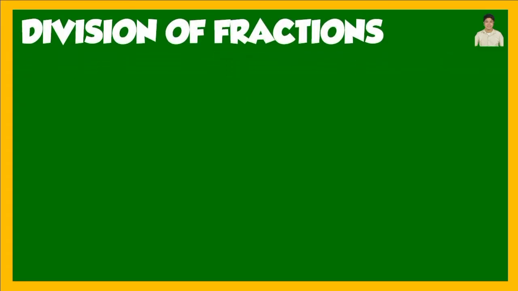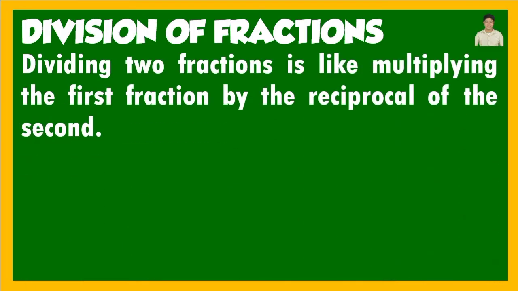So let's have division of fractions. Dividing two fractions is like multiplying the first fraction by the reciprocal of the second. When we divide fractions, we are considering the reciprocal. In our discussion on multiplication of fractions, we had a topic wherein we multiply a fraction by its reciprocal.